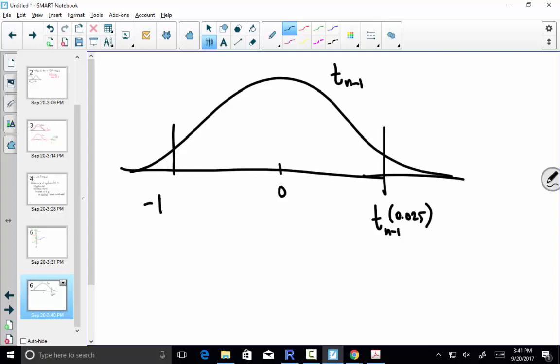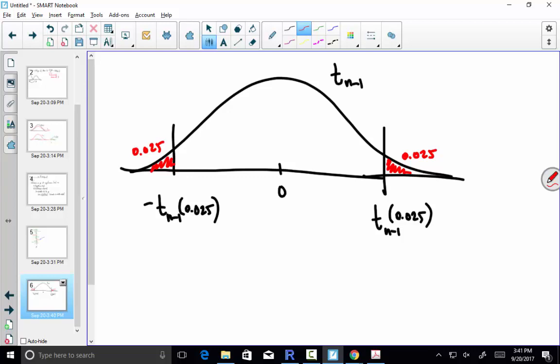Over here is the negative of that quantity, because it's a symmetric distribution. The area to the right of this is 0.025, and the area to the left of that is 0.025. So the total area that's being marked off is 0.05.